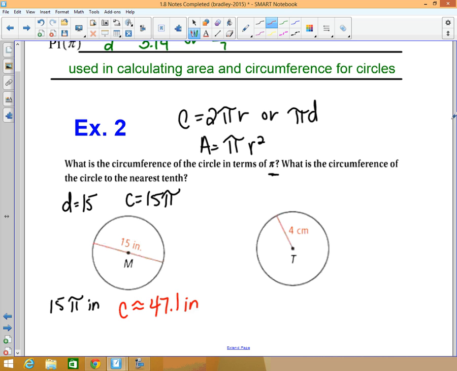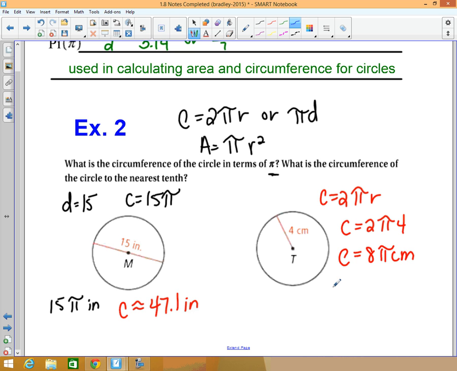And then the next thing I want to talk about is when I have the radius. And again, for this one, I'll use the 2 pi r. So circumference is equal to 2 pi r. So circumference is equal to 2 pi times 4. Now, in terms of pi, circumference is going to be 8 pi centimeters.